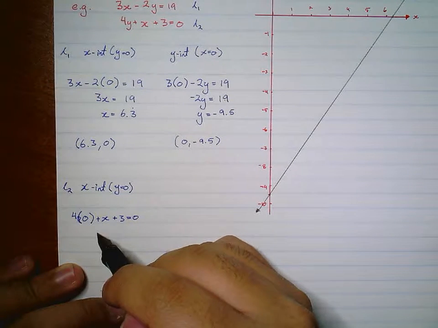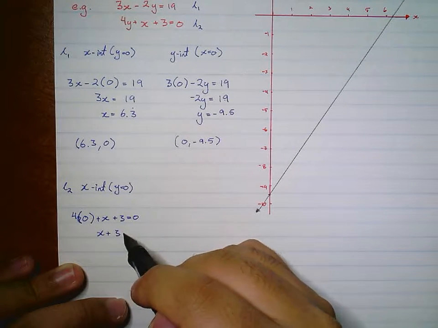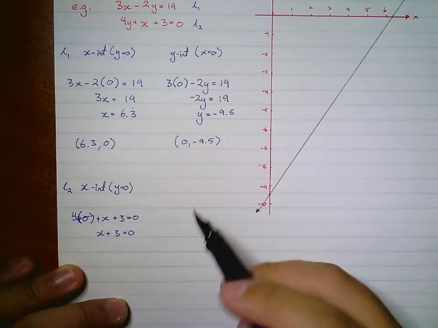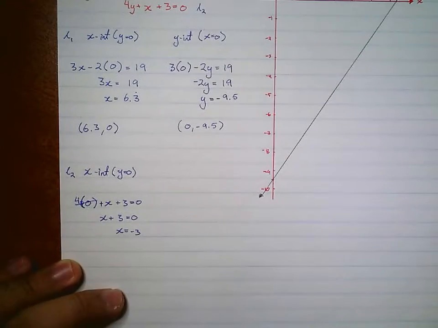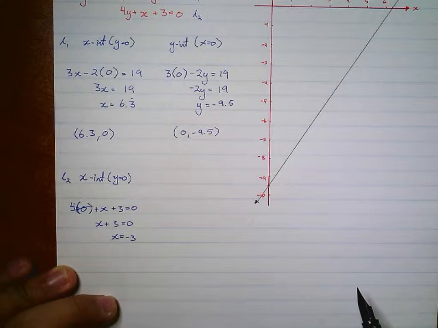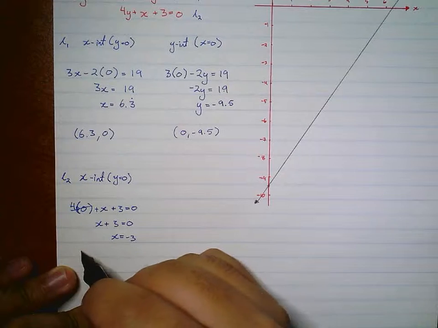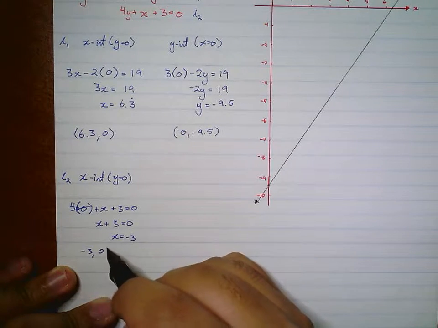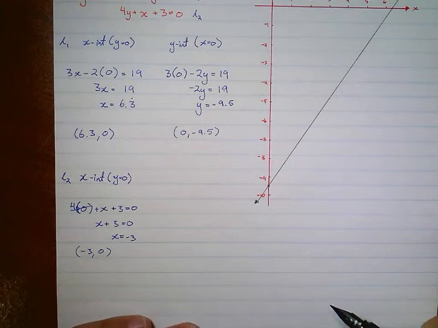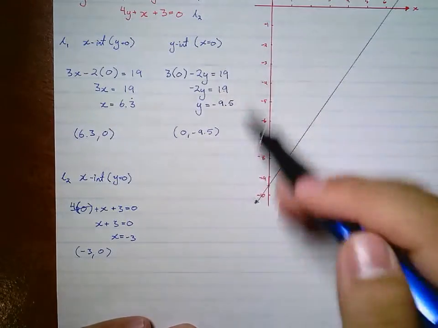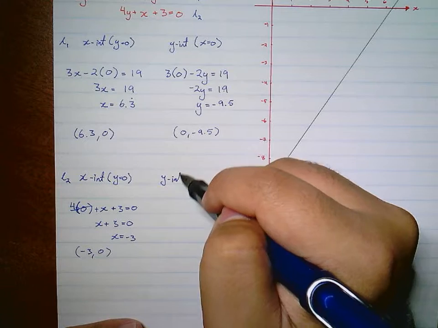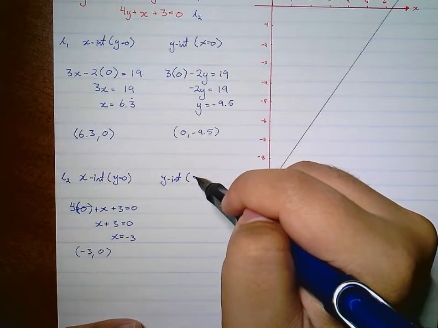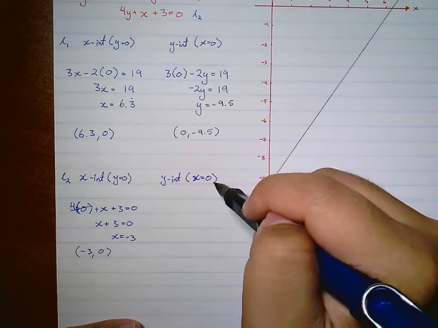That gives me x plus 3 is equal to 0 because that goes away, which gives me x is equal to negative 3. So our first coordinate is actually negative 3, 0. That's not good because we need more points there, but that's okay.